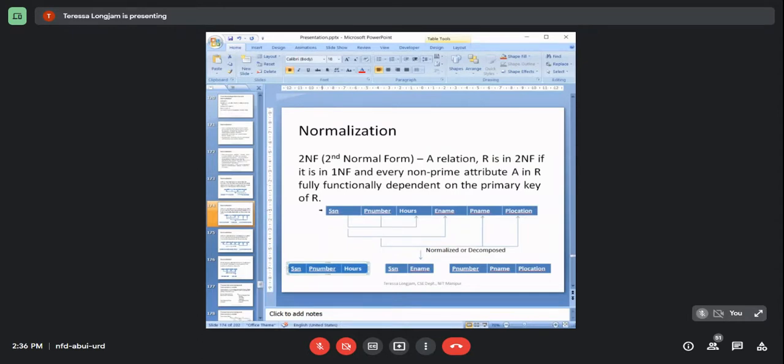From the relation we have taken out ename, pname, and p location, isn't it? So the remaining things are SSN, p number, R. So we have this one. The second one is ename along with SSN, and then pname, p location along with p number, the prime attribute on which they were depending. Okay, so we'll decompose them into these three smaller relations.